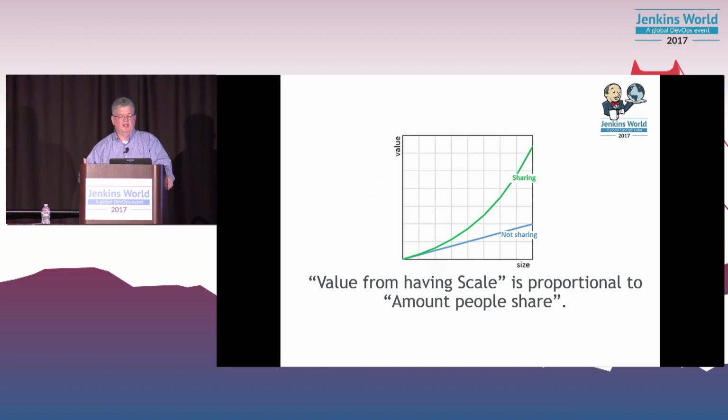But I think the real value is being able to capitalize and reuse the innovations that we're developing in such a way that the next folks that come along don't have to spend so much time developing against it, and they can start exponentially moving that upwards. So now if I double the size of my team, I can get 2, 3, 4x value back out of it. And we do that through sharing.